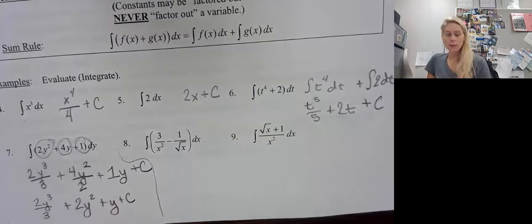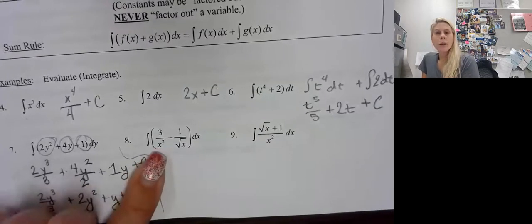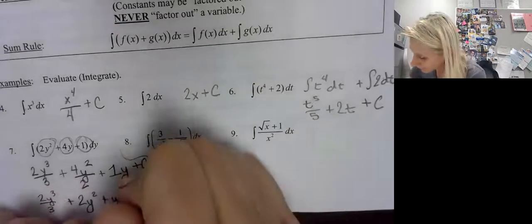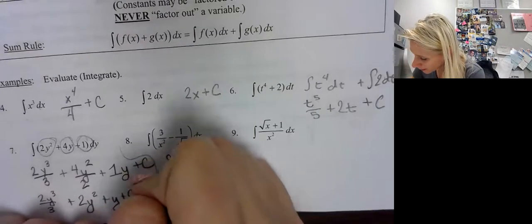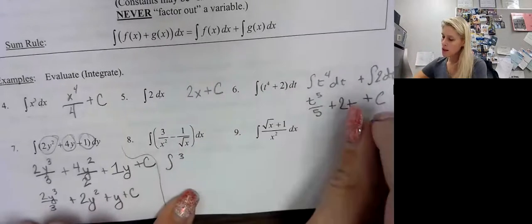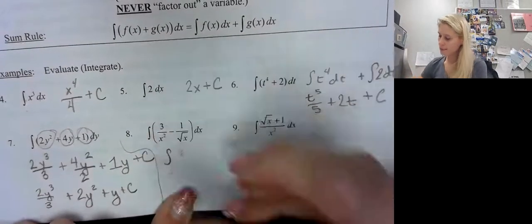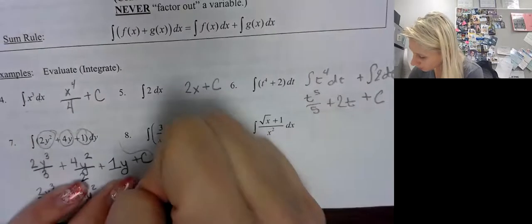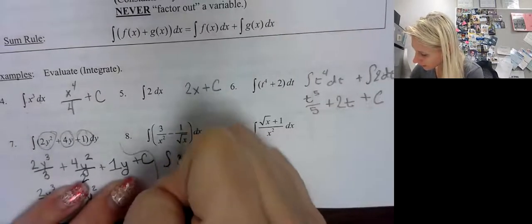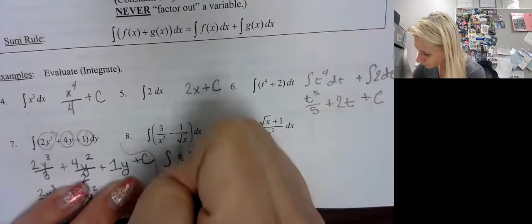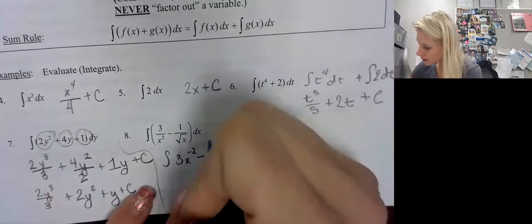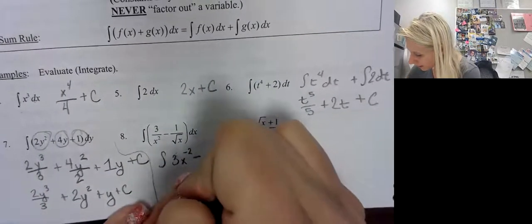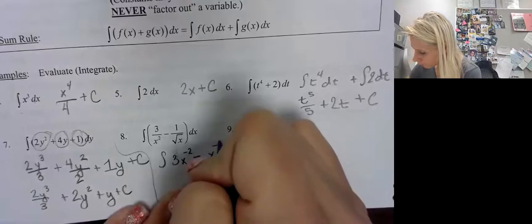Just to remind you, x squared in the denominator means we can bring it up and it becomes x to the negative 2. So our first term is 3 times x to the negative 2, minus x to the negative 1/2.